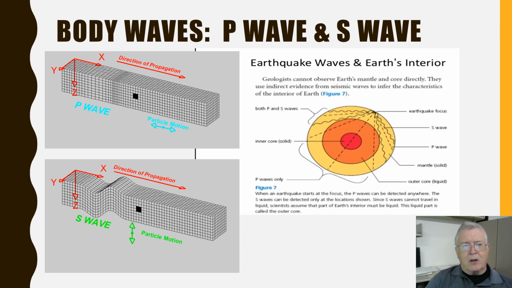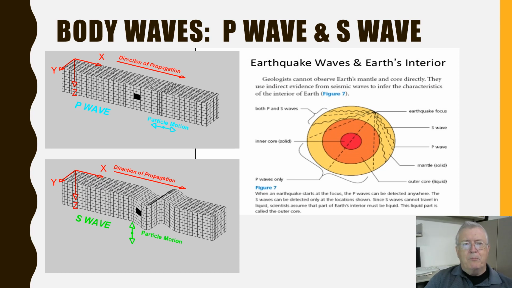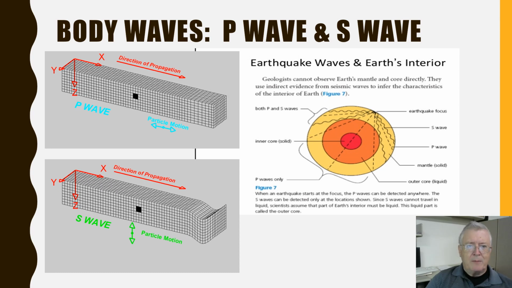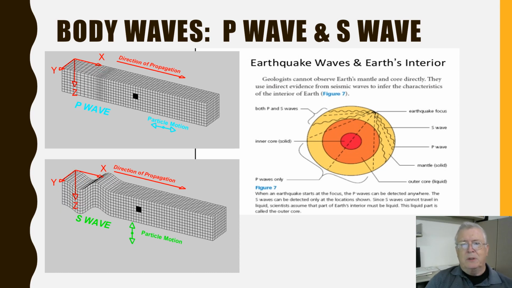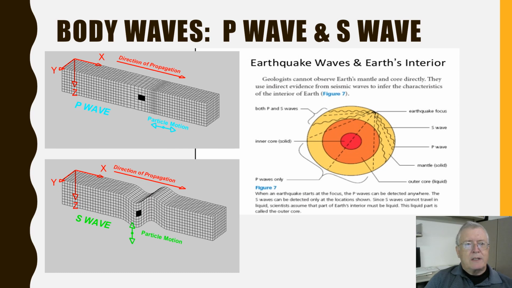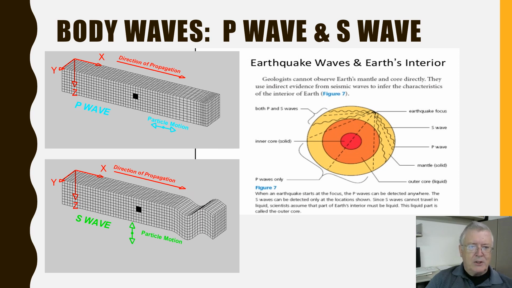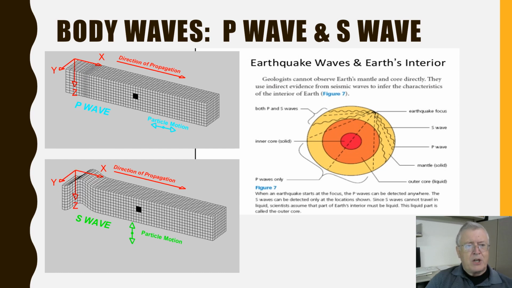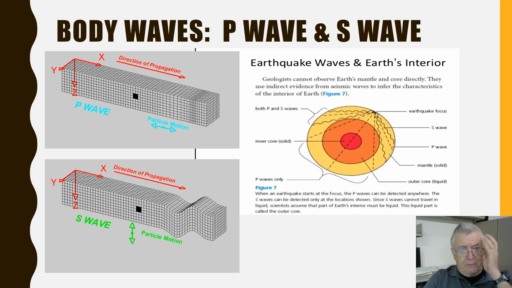So here are our two kinds of body waves that we talked about, the P wave and the S wave. You notice the top picture is a P wave, and it's a compression wave that we mentioned. You can see how it moves.